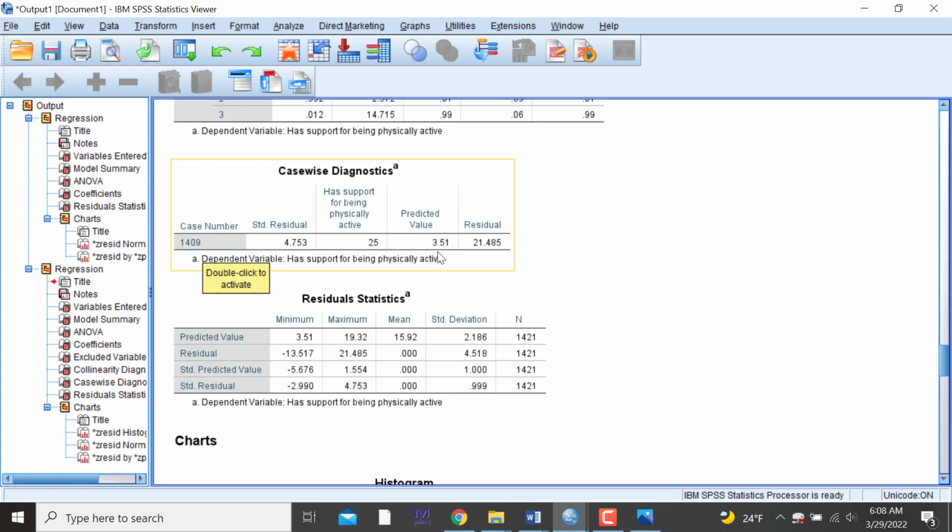So the residual is 25 minus 3.51, and it's pretty large. This could be a data entry error, or this person could have just marked all 5s if the scale is 1 to 5, not even paying attention. So that could be one that I could get rid of, but it's only 1 out of a lot of people, so I probably wouldn't get rid of it.